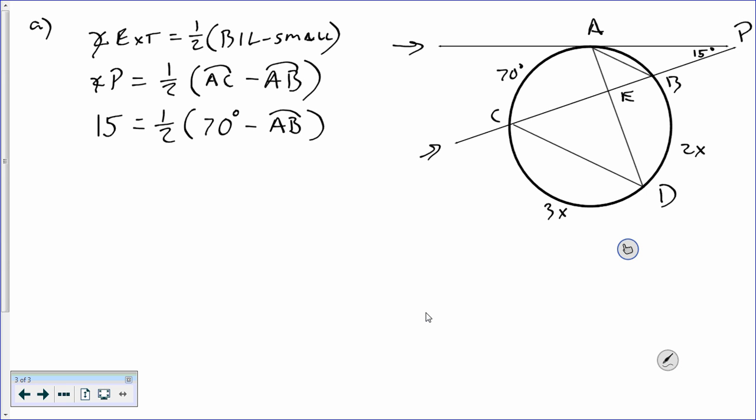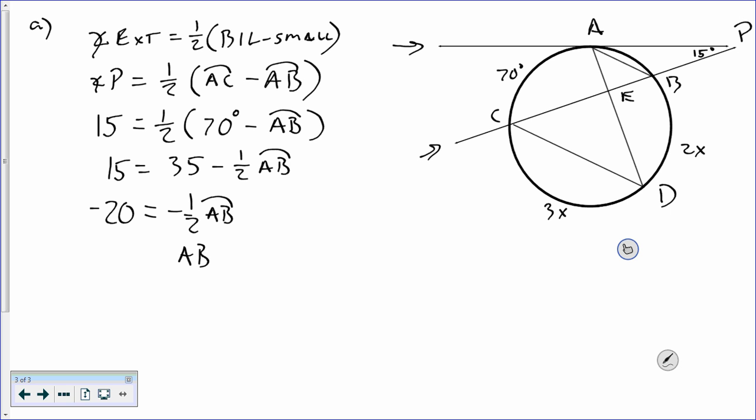So I have 15 distribute is equal to 35 minus 1/2 arc AB. We're going to subtract 35, so it's going to be negative 20 equal to negative 1/2 AB, which means that AB is going to be equal to 40 degrees.